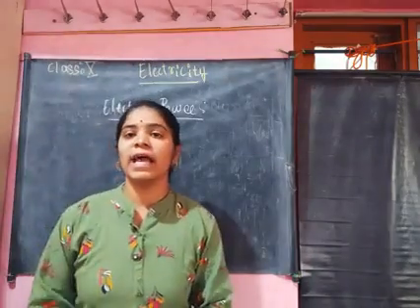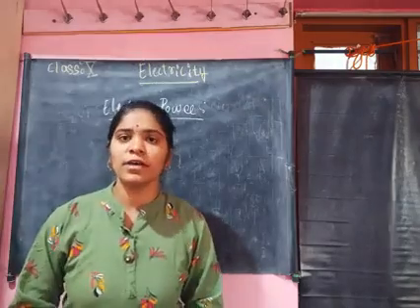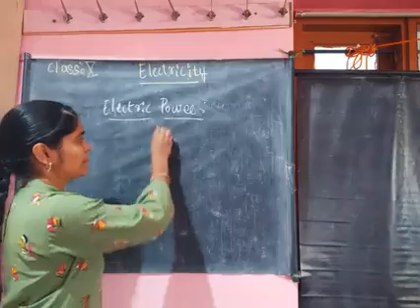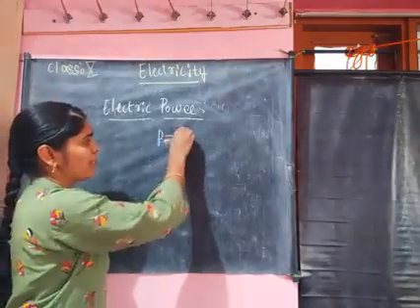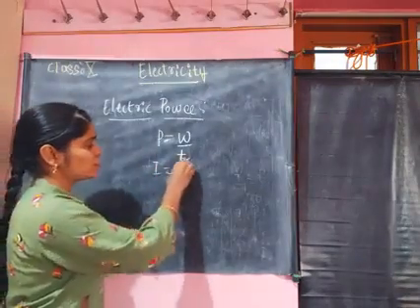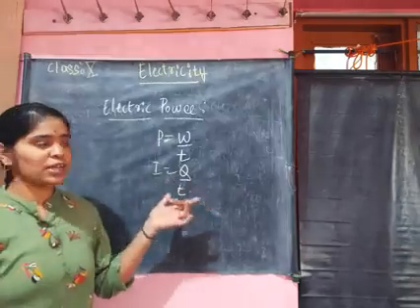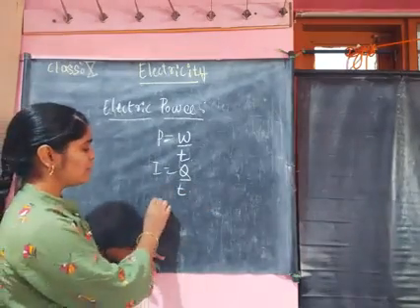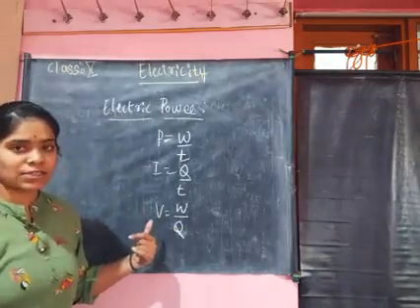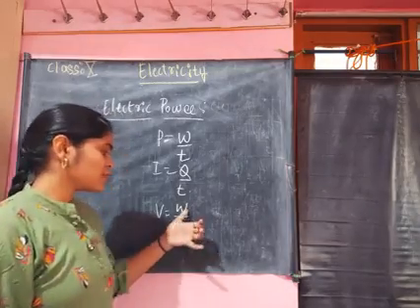So the next is electric power. In the 9th standard you have studied about power. What is power? The rate of doing work is power. So we can write P equals W by T. We know that I is the electrical charge flowing through the cross-sectional area in unit time, I equals Q by T, and we have V equals W by Q, the work done per unit charge.